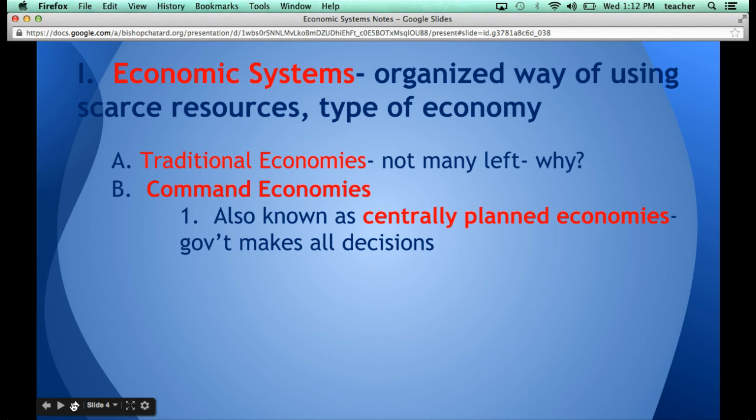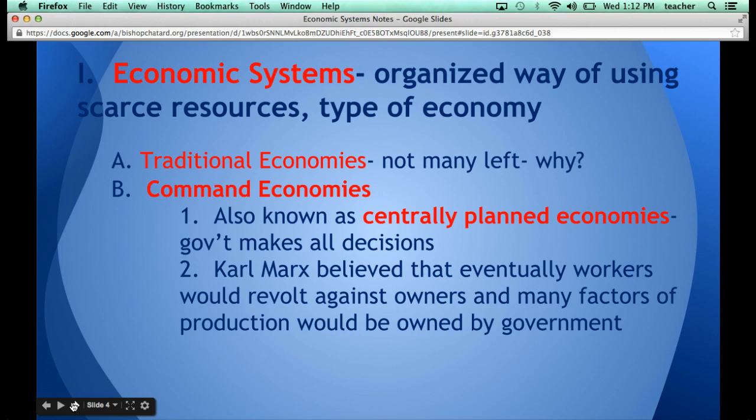Now, where the heck did this come from? Well, a guy by the name of Karl Marx, you may or may not have heard of him, had this great big theory and idea about market economies. In market economies, everybody's in it for themselves. The idea is that everybody is trying to produce whatever they want.